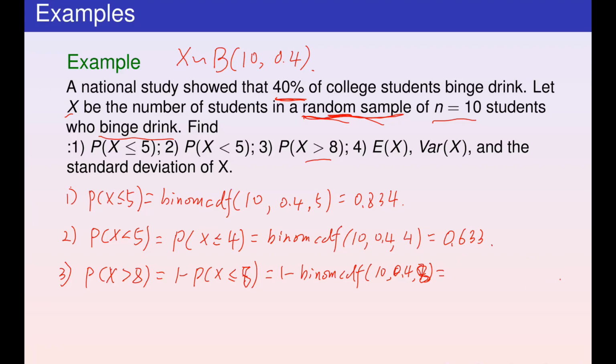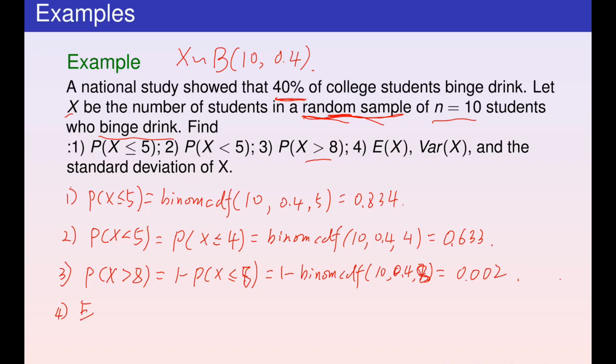So in this way, 1 minus binomCDF at 8, we got 0.002 if you round to 3 decimal places. Very good. Just be careful: strictly less than, and less than or equal to, give different answers.